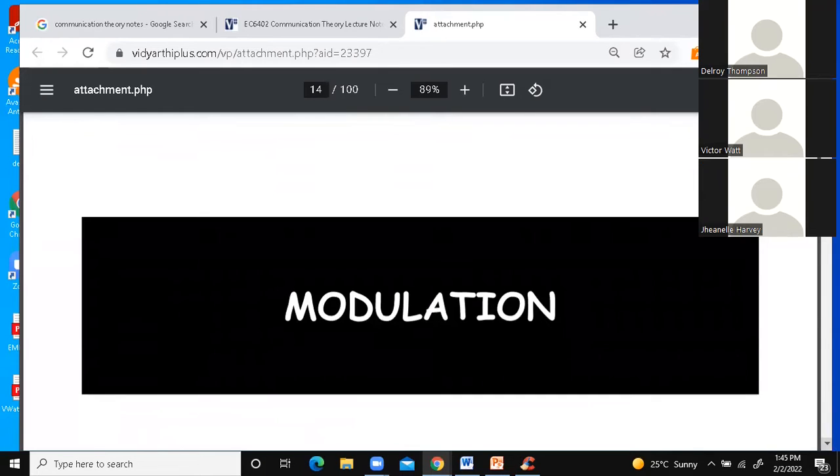So modulation. A message in the chat is asking if you could give an example of a baseband signal. Okay. That would be like those big amplifiers, and they don't even make amplifiers like that anymore.